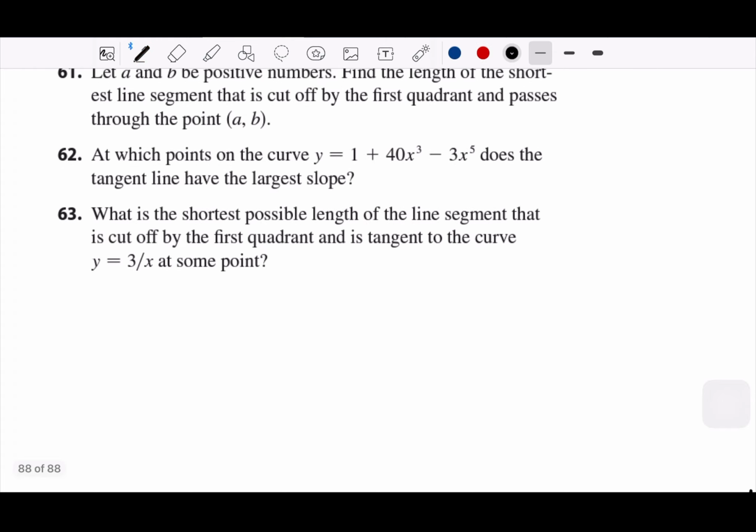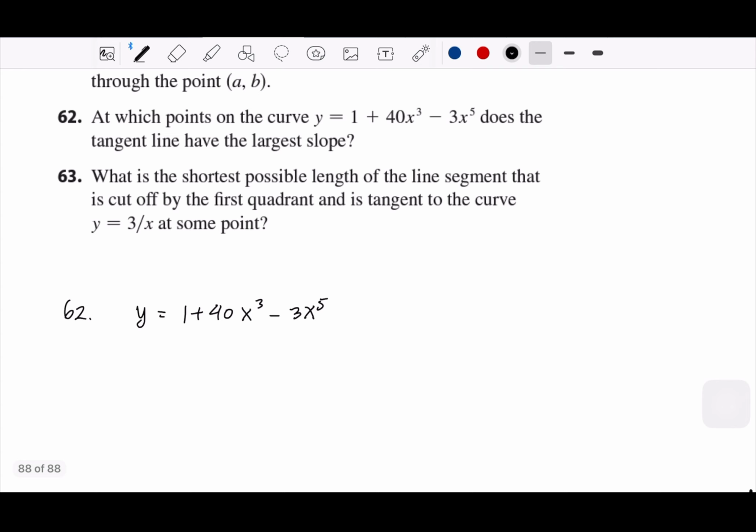So we have the curve. Okay, tangent line.